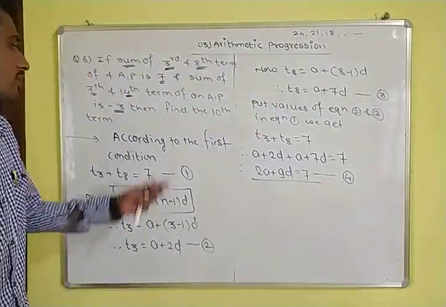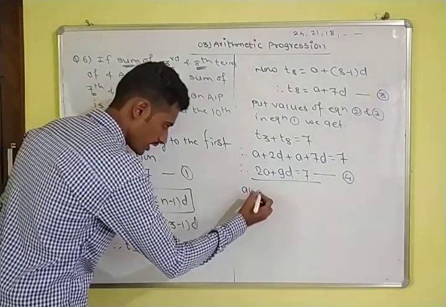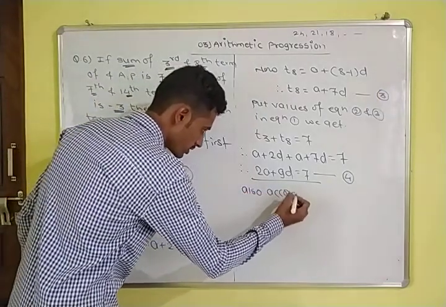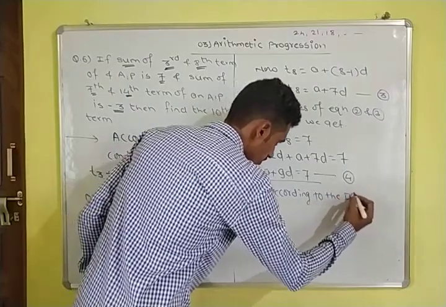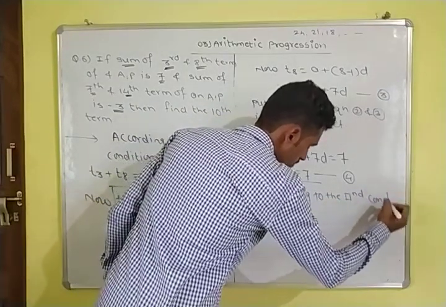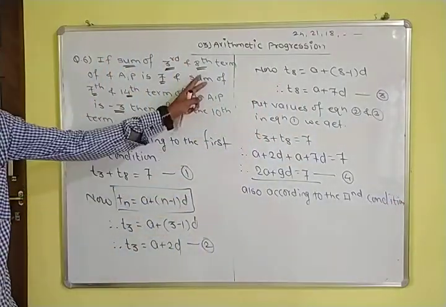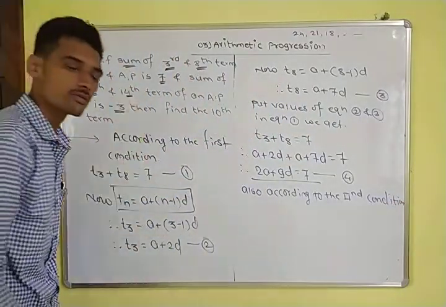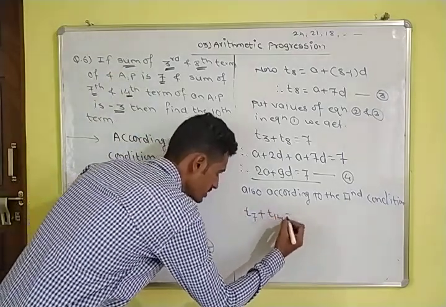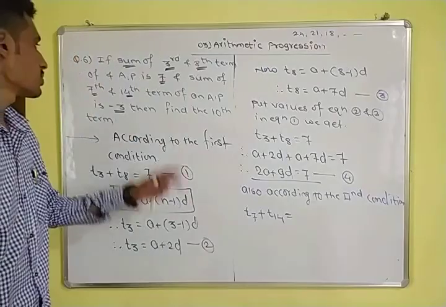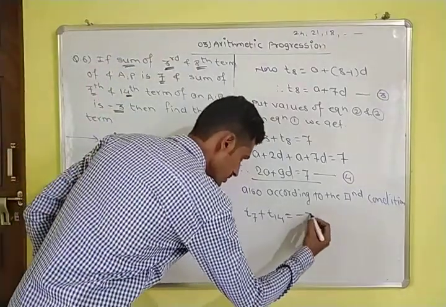Now according to the second condition, we know that the second condition is the sum of the 7th term and 14th term, that is T7 plus T14 is equal to minus 3.